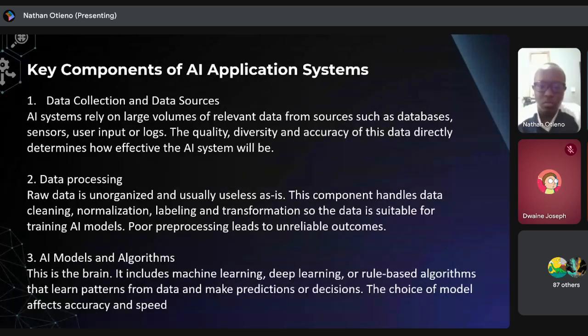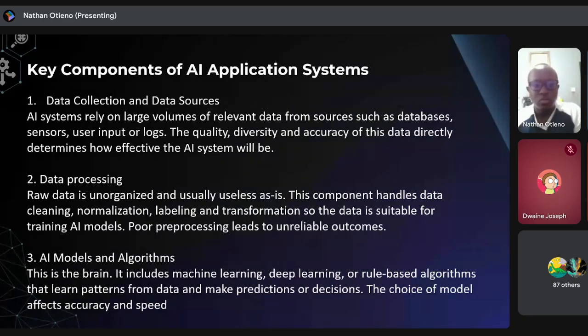The quality, diversity, and accuracy of this data directly determines how effective the AI system will be. Data processing: raw data is unorganized and usually useless as is. This component handles data cleaning, normalization, labeling, and transformation so the data is suitable for training AI models. Poor preprocessing leads to unreliable outcomes.